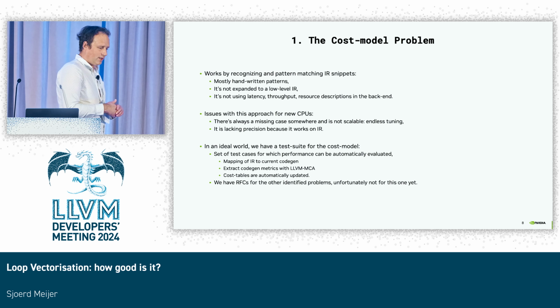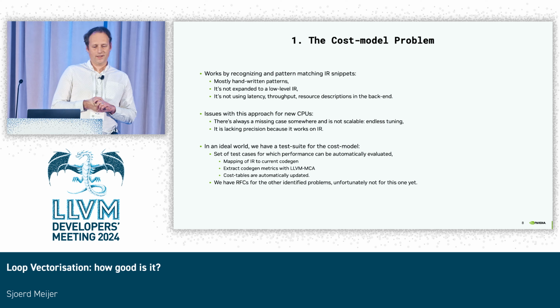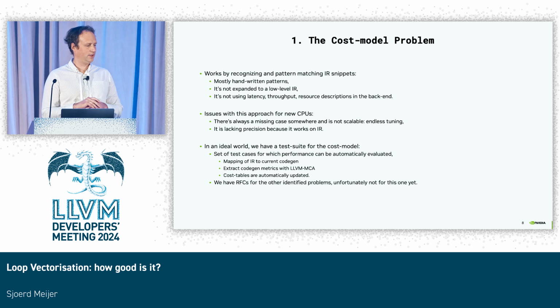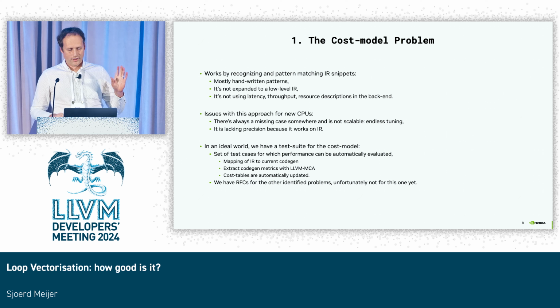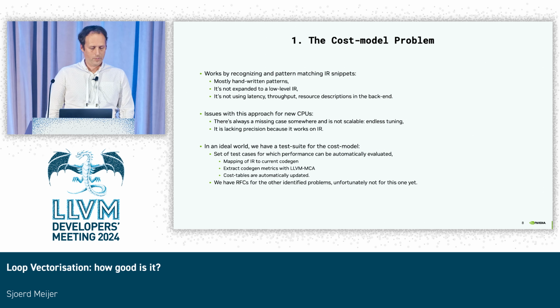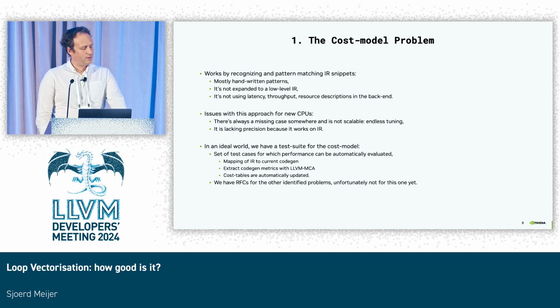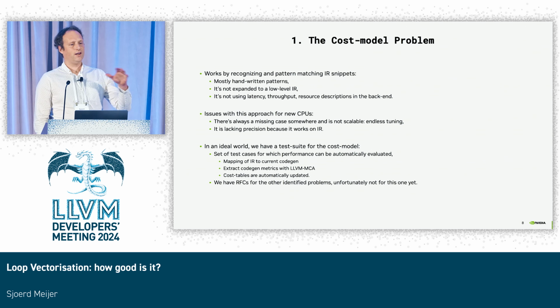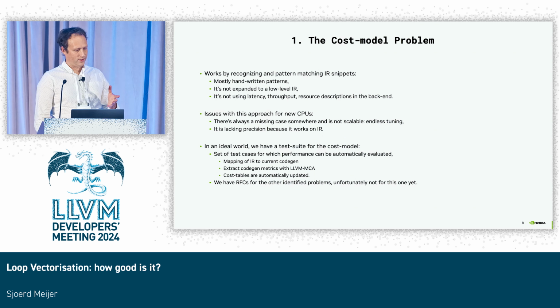During this exercise, we identified 3 problems. This is the first one. I'll talk about the others in a minute. I already mentioned that we had a lot of cost modeling patches, and it's the first problem that we identified, the cost model. The way it works is by basically recognizing IR snippets and assigning a cost to it.